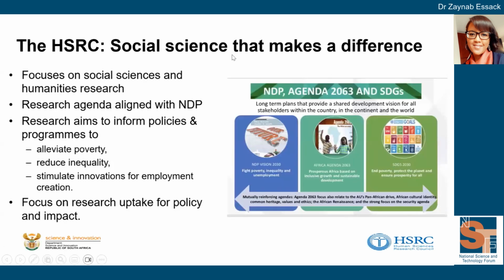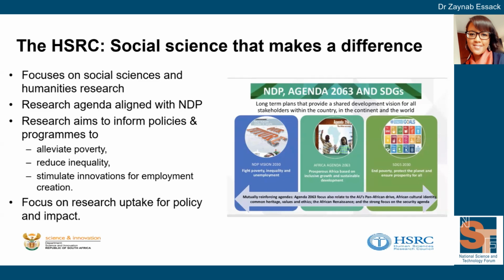The tagline for us is social science that makes a difference. And why that is because we focus on social science and humanities research. And that research is closely aligned with the National Development Plan, Agenda 2063, and also the SDGs.